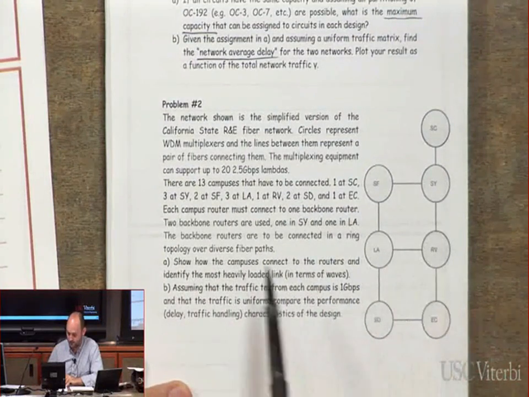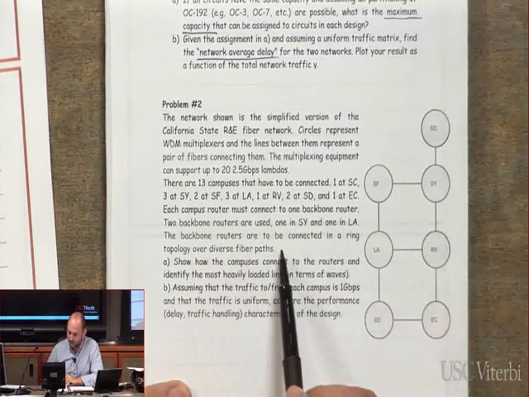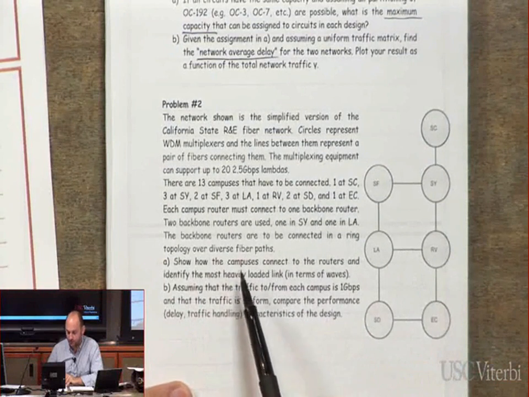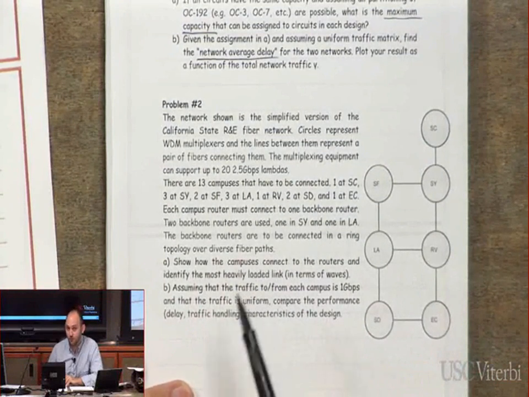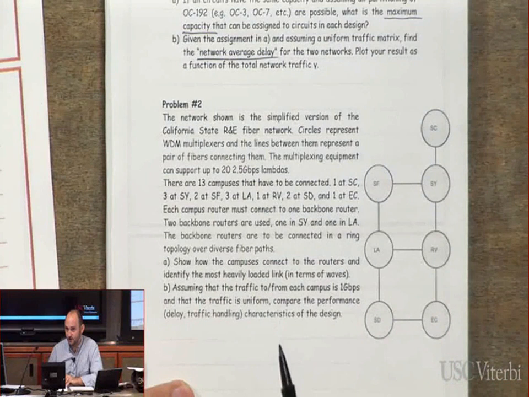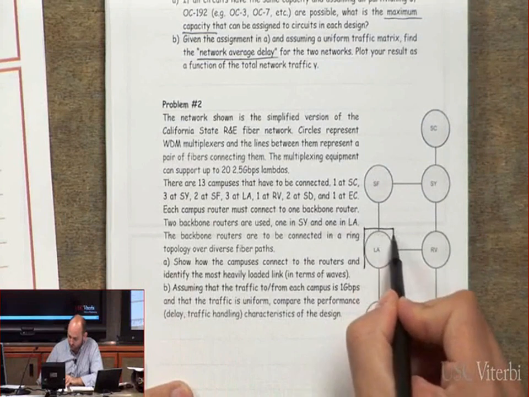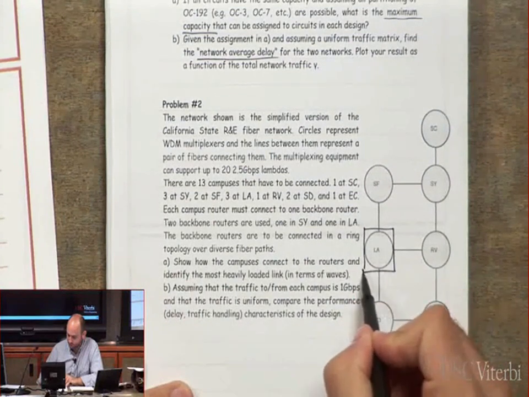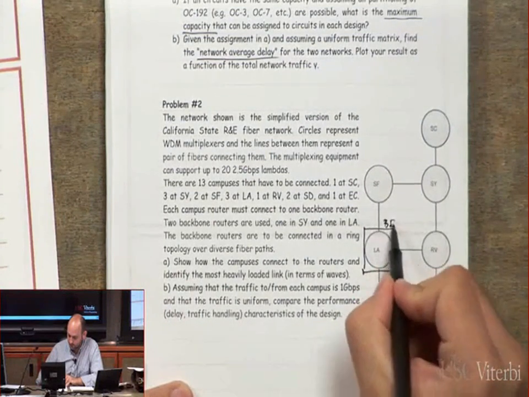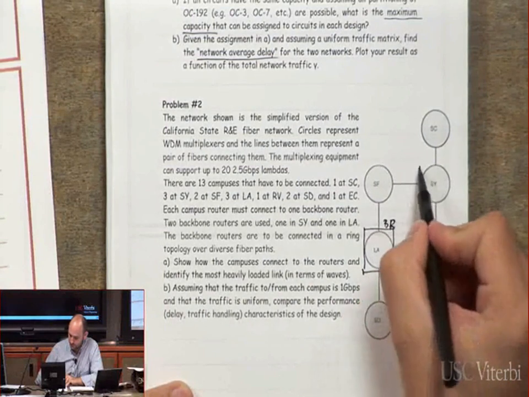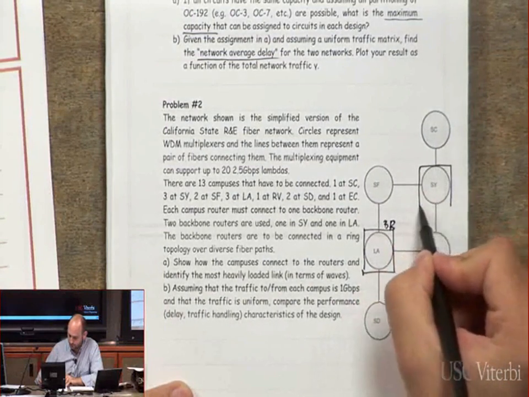The backbone routers are to be connected in a ring topology over diverse fiber paths. So we want to support a ring topology over this physical topology for the backbone routers. So the backbone routers will be backbone router 1 and backbone router 2.